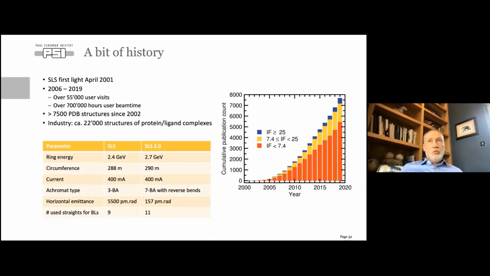The new ring has a different footprint, and one actually sees that it's about 2 meters longer. This will mean that we actually have to tear down the entire storage ring and rebuild it from scratch. We will have the same current, and we'll be going from this triple bend achromat system, which we've been using since 2001, to a 7-bend achromat system with so-called reverse bends inside.